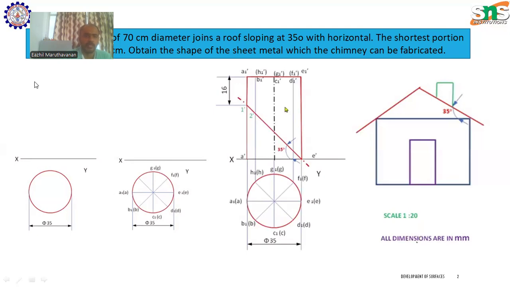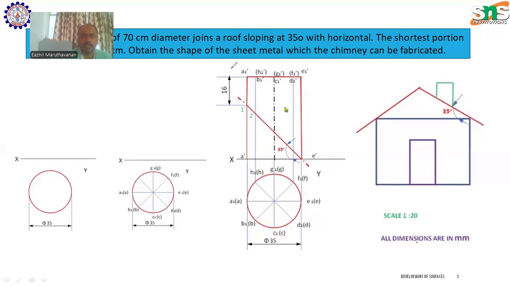In the first step, we draw the circle, and later we divide the circle into 8 equal parts. For dividing the circle into 8 equal parts, we take 45 degree for each part. Then the outer circumference line of the cylinder has to be drawn as a thick line. Then we draw thin lines for the equal parts that we have divided.